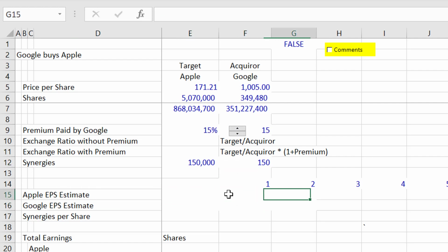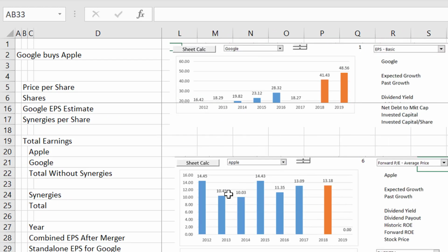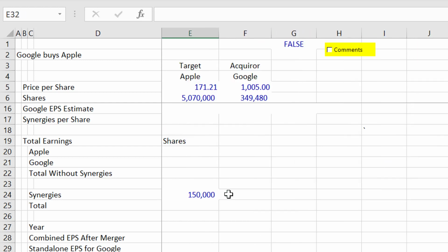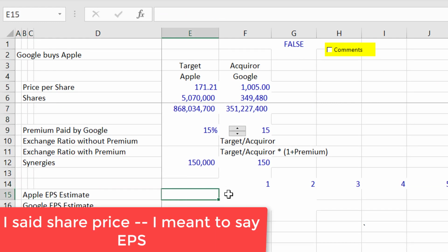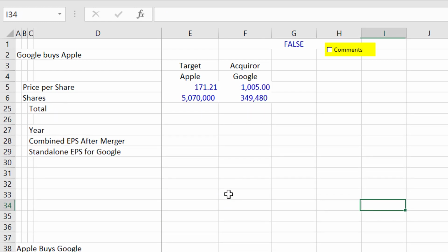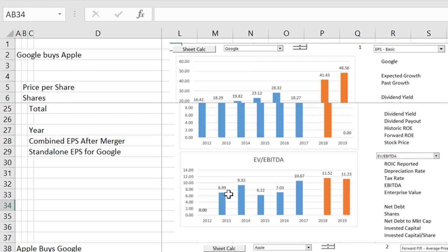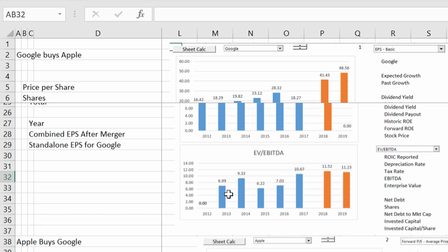So Apple's share price, their next year's estimate was 11.5 and then 13. So let's just put their earnings per share, 11 first and 13. And I did it wrong. 11.43, 12.11.